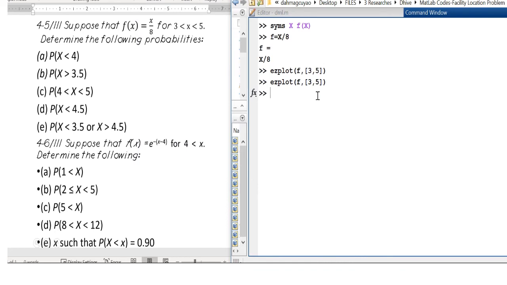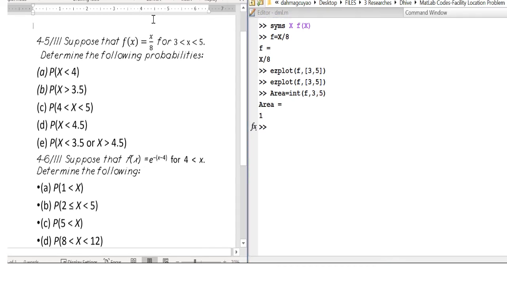If we're going to get the area, it would be the integral of f from 3 to 5. So the area is 1. So it's a valid probability distribution. So this is okay to be our probability density function.